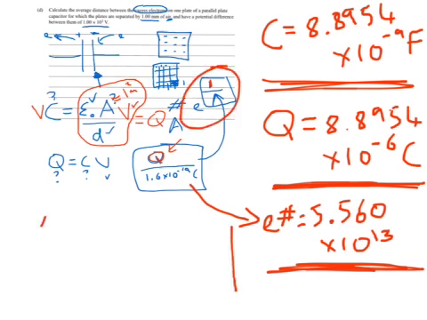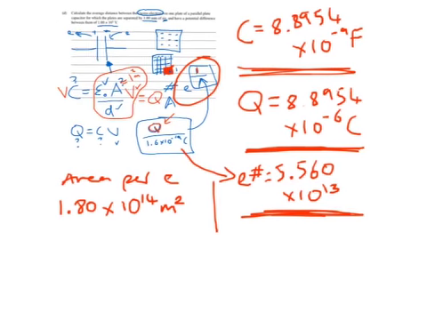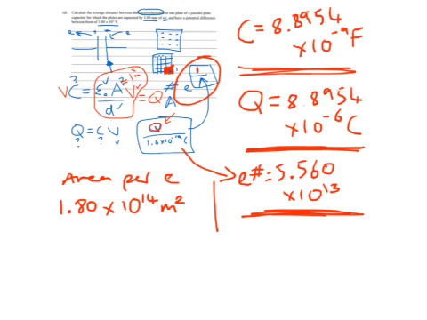The area per electron is 1 divided by 5.560 times 10 to the 13, which gives us 1.80 times 10 to the minus 14 meters squared, because remember this is the area per electron on one of those small squares. We have to take the square root of that to find the actual side length of one of those area blocks, and the side length should be equal to the spacing between the electrons.